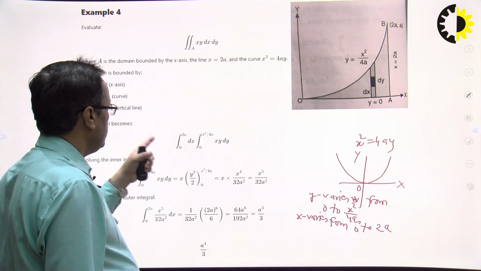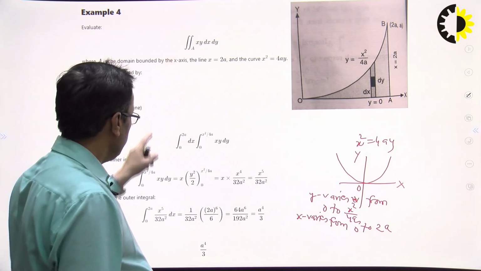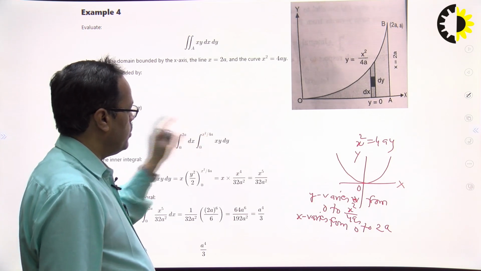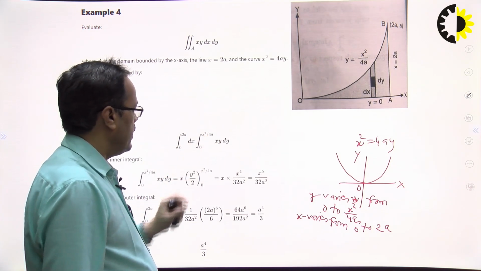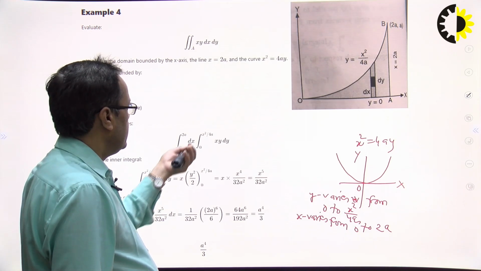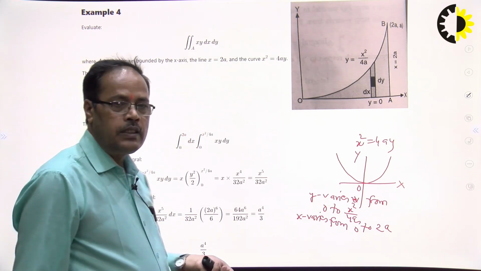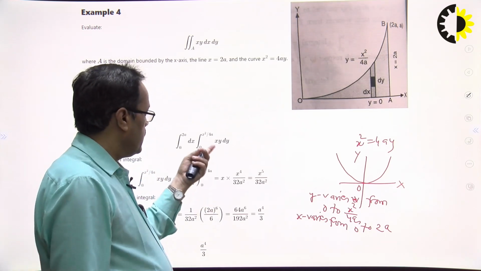We evaluate the value of the integral. The given integral becomes the integral from 0 to 2a dx, integral from 0 to x²/4a of xy dy. Since the limit is in terms of x, first we integrate with respect to y.